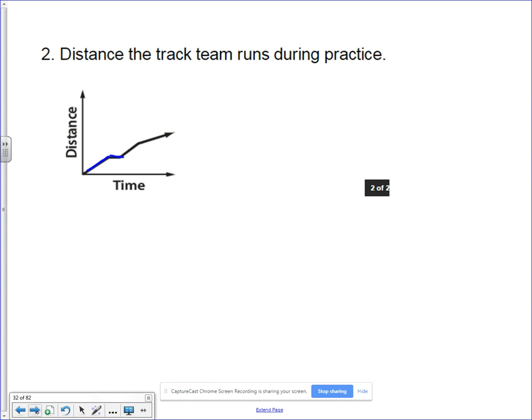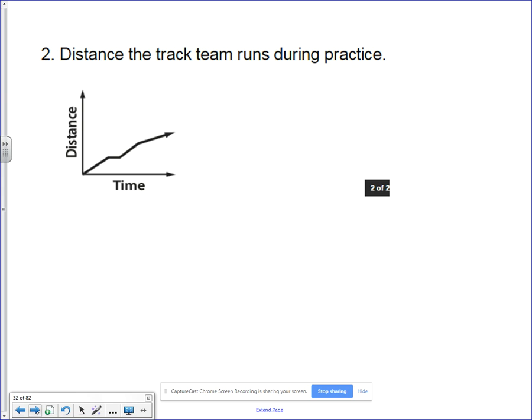Now, they do start going again, but I want you to be more specific. Hold on. What do you notice about this section and this section? Are they steeper or flatter, or are they the same? Steeper? I think they look the same. Okay, if they're the same, that means they start running again at the same pace.